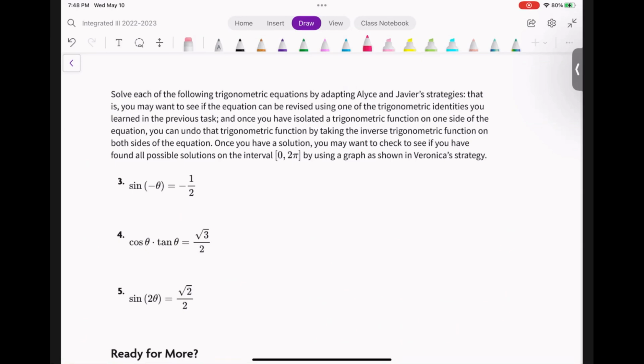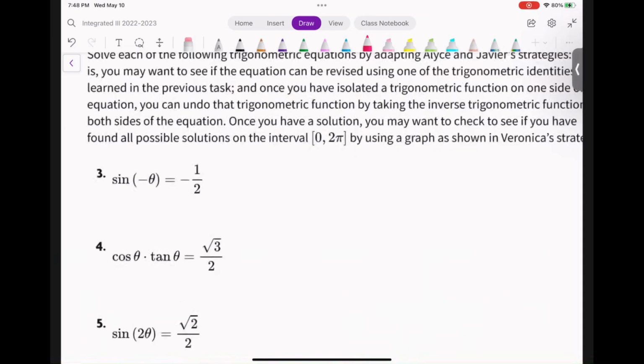Some of these you will have to use something first, and some you won't. So this one, number 3, you could use either one. Either one is okay. There is an identity that does talk about sine of negative theta. But if you like taking that sine inverse first, go ahead. You will still get the right answer.